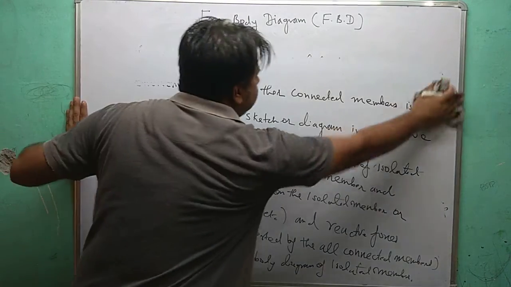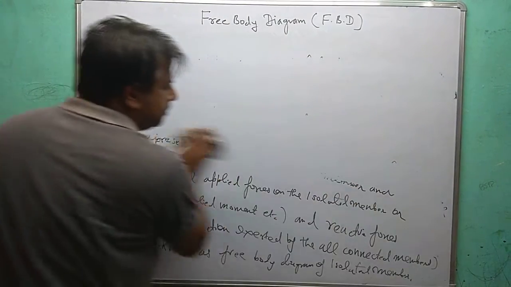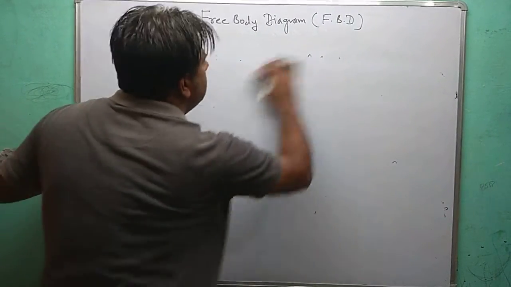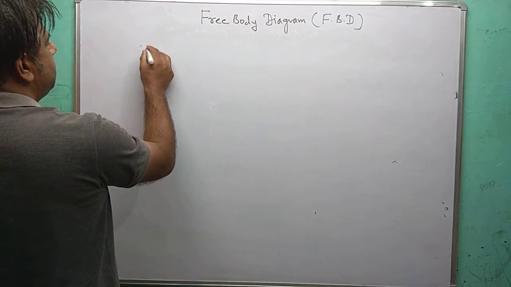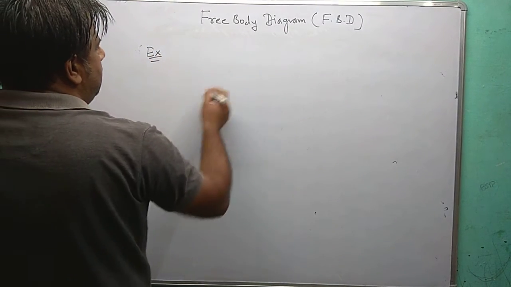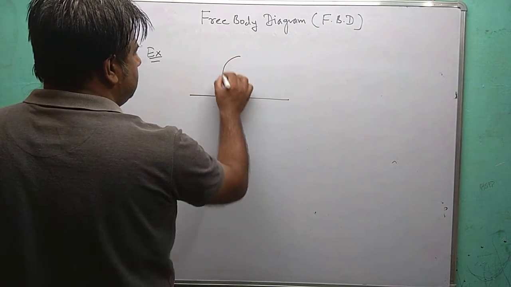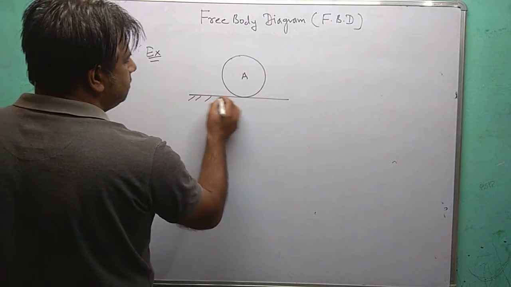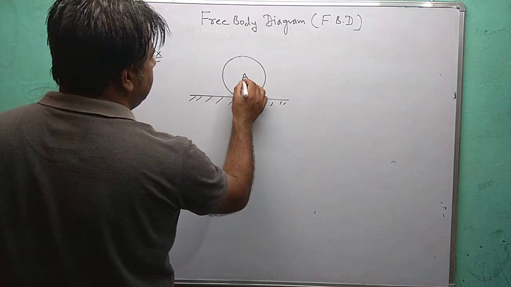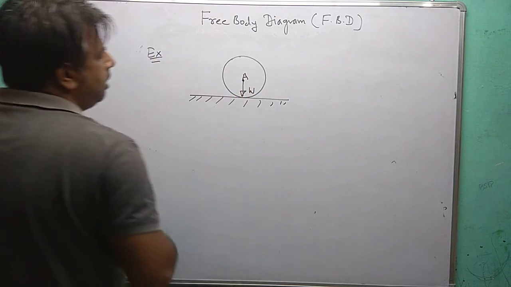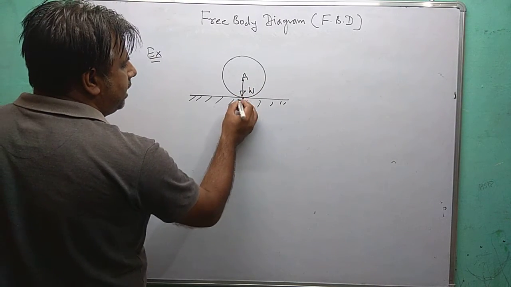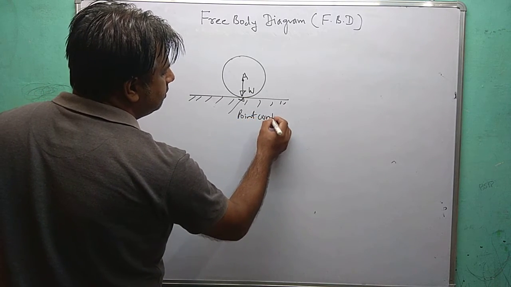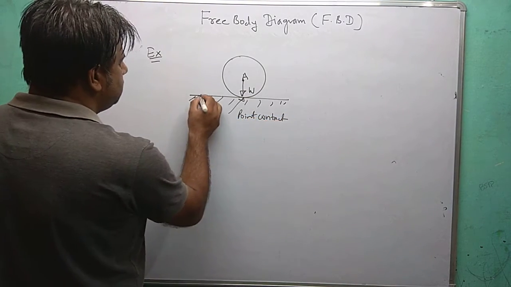For example, suppose this is my object, A is the body and its self weight is W. Here is the point contact. This is the smooth surface.